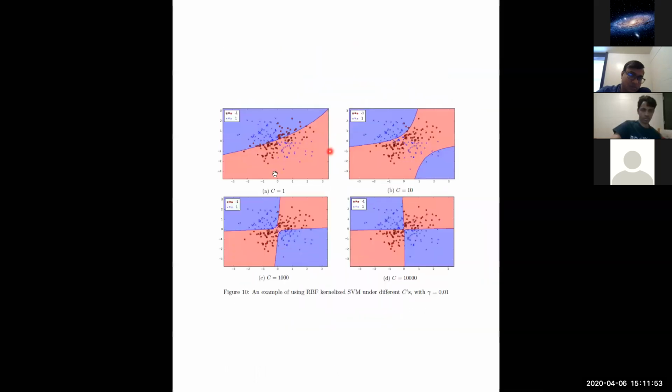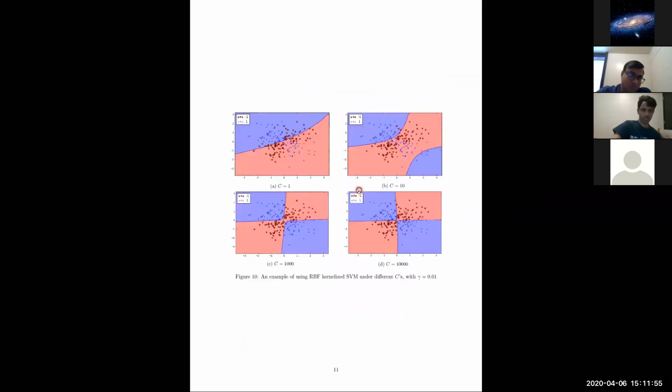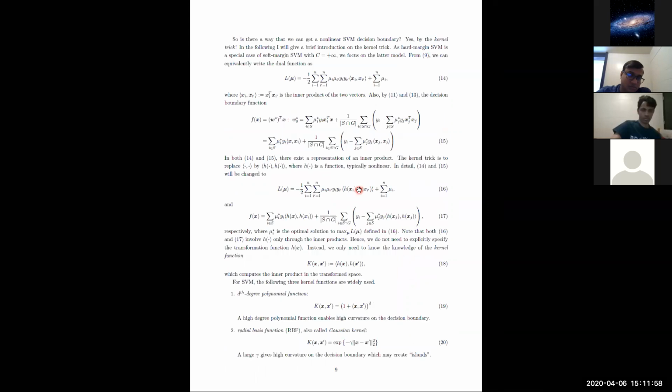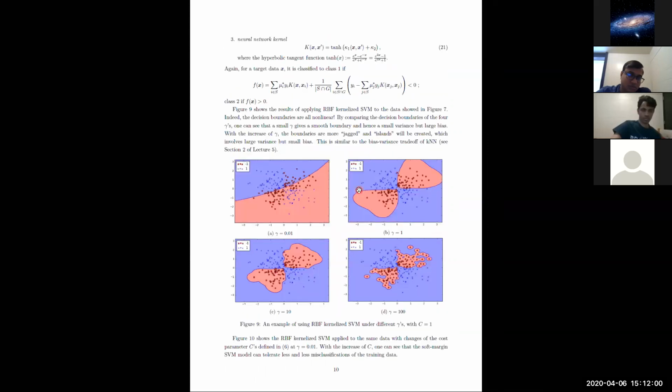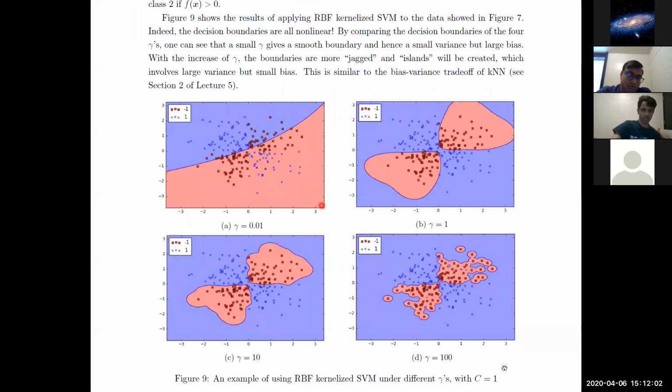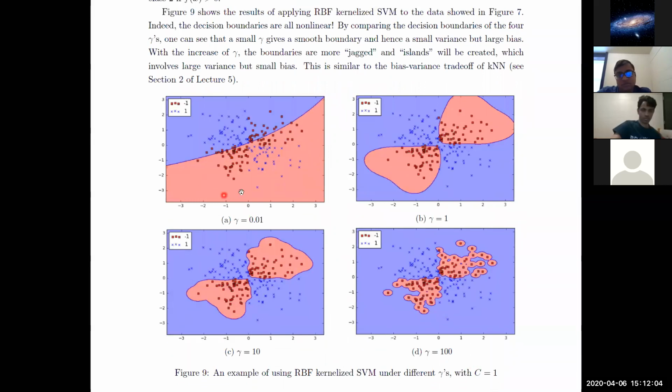And then this is, no, sorry, it's here. Come back. Oh, it's here, okay. So here we fix C to be 1, and this is gamma equal to 0.1. This is gamma equal to 1, gamma equal to 10, and gamma equal to 100. And you can very clearly see that when gamma gets bigger and bigger, the boundaries are more and more curved.